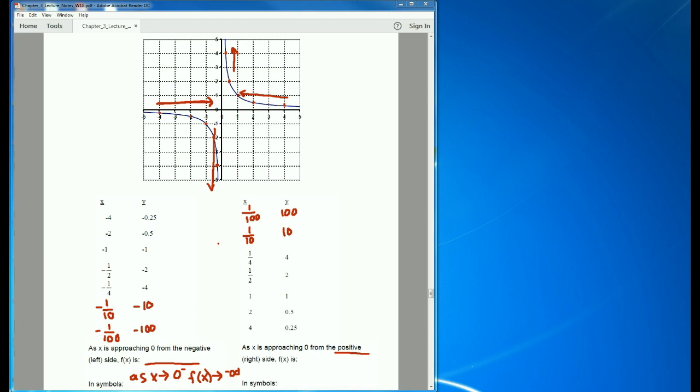So in symbols, we would write as x approaches 0 from the positive side, so again, that's a superscript, a little plus sign, f of x is approaching infinity.